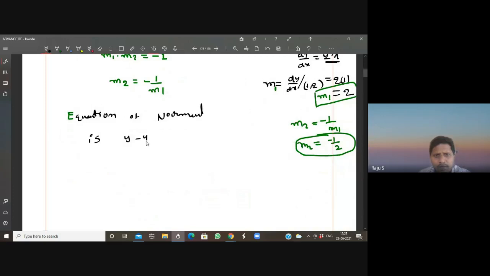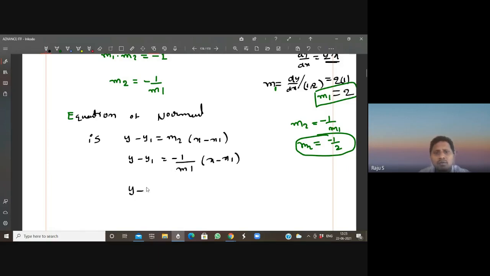Same, y minus y1. The normal is also a line, and we know that its slope is minus 1 by m1. So first you can write m2, because m2 is the slope of the normal: y minus y1 is equal to m2 into x minus x1, that is, minus 1 by m1 into x minus x1.